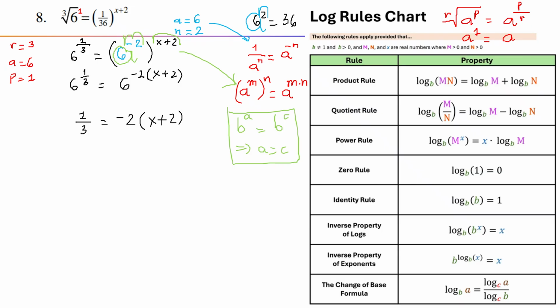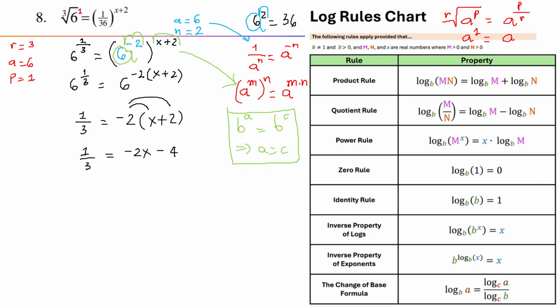Now we will distribute that negative 2 in. So we have negative 2x minus 4, that equals 1 over 3.